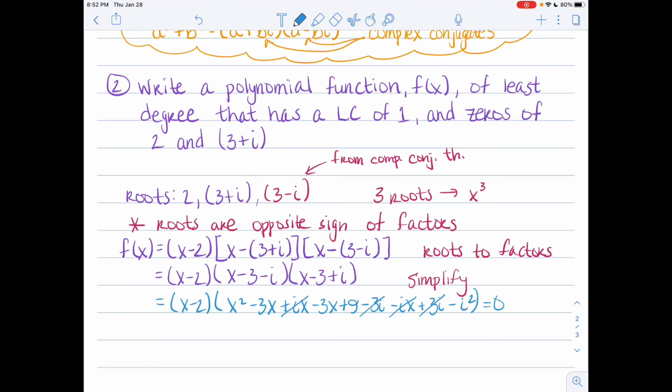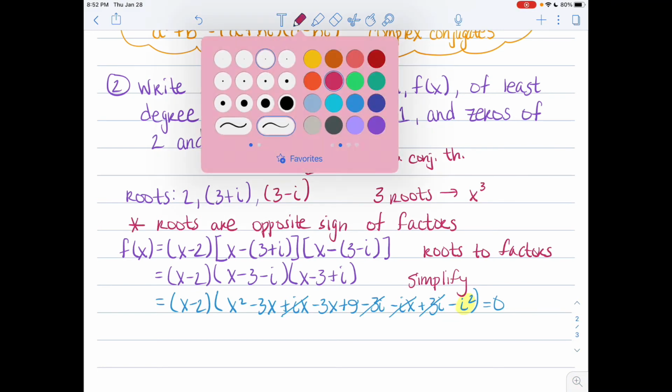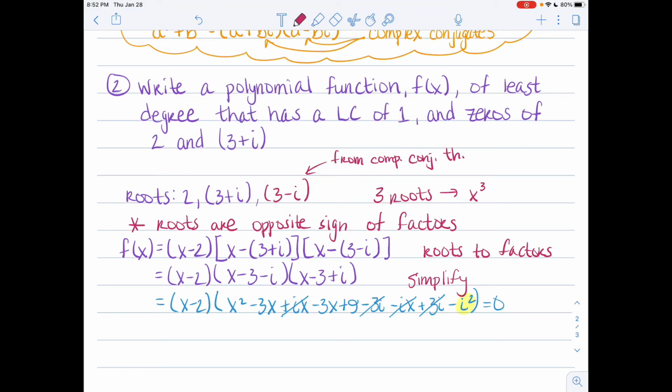So just like we did with our irrational, with our square root factors, we were able to get rid of a bunch of stuff. Everything that had an i in it in this case, except for this pesky i squared. But remember, we know that i is equal to the square root of negative 1.